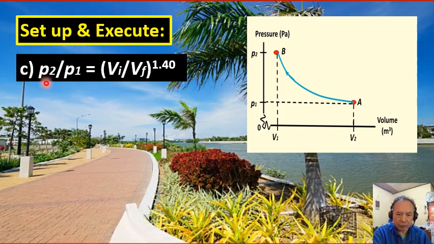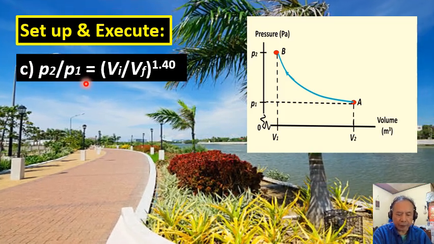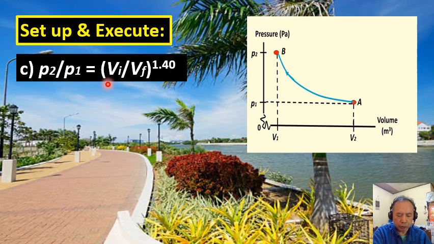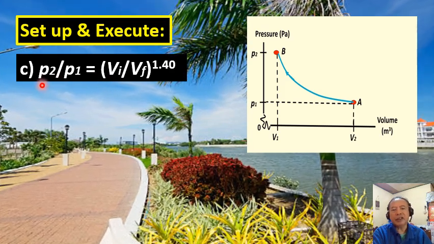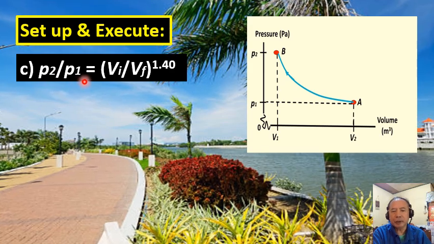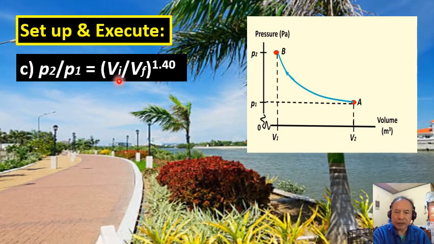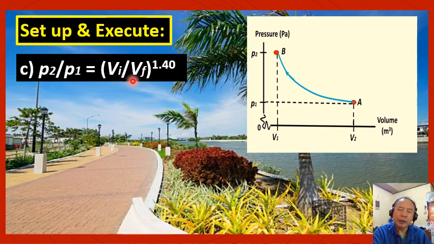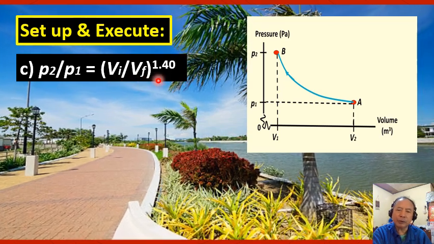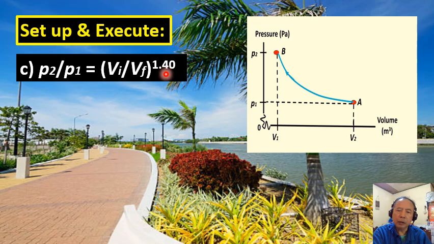In part C, we can find the final pressure P2. Using this given equation, the ratio of P sub 2 over P sub 1 equals the ratio of the initial volume V_i over the final volume V_f raised to the power 1.40.